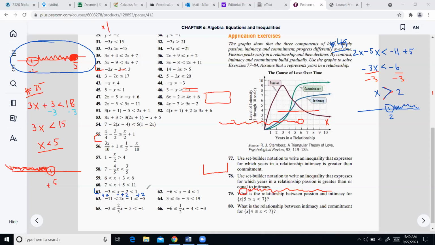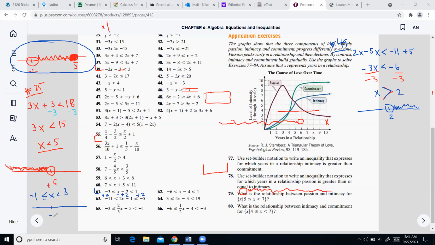So I have to do the same exact operation to each part. And this way I have isolated my x, and it's going to be in between the numbers -1, right, and +3. So please notice I just increased each part of this inequality by 2 and ended up with x bounded in between those two numbers.